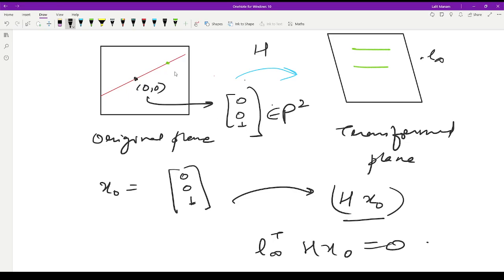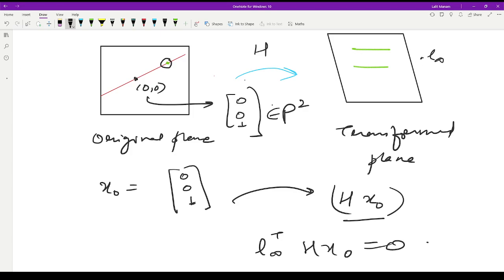Because what does homography do? It just transforms one point in a given plane to some other point in the transform plane, right? So we are transforming the origin, not any point on the vanishing line, to some other point which lies on the line at infinity.